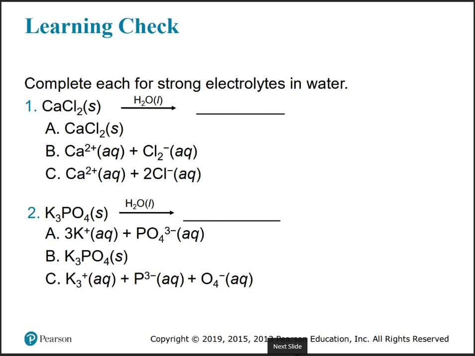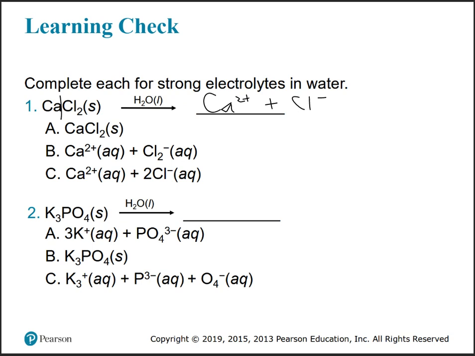Right. This will fully dissociate in water. So that means we're going to be making some ions. There are two ions here. We have calcium, which if you look at your periodic table, you would know it is one of the group 2A elements. So that means it's got a charge of 2 plus. And we have chlorine ions, which are negatively charged.